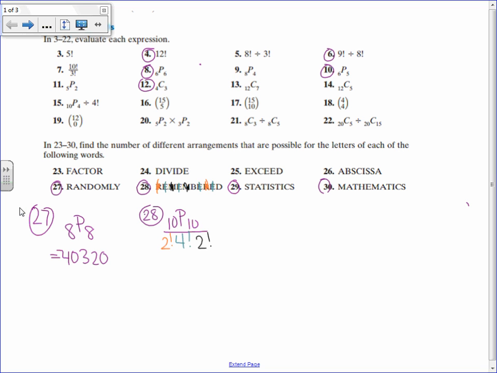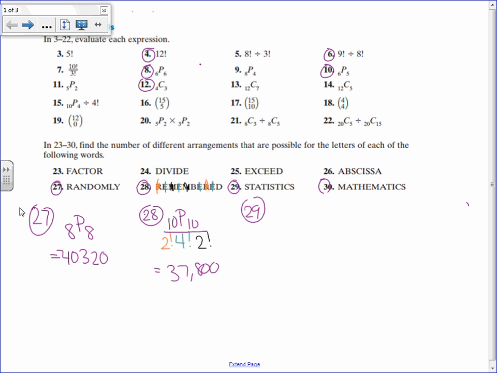So 10p10, parentheses, divide by 2 factorial times 4 factorial times another 2 factorial. Okay, there we go. I should get 37,800. Woo!